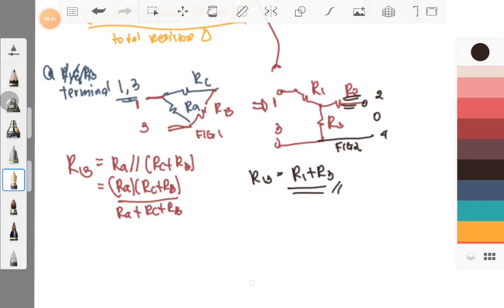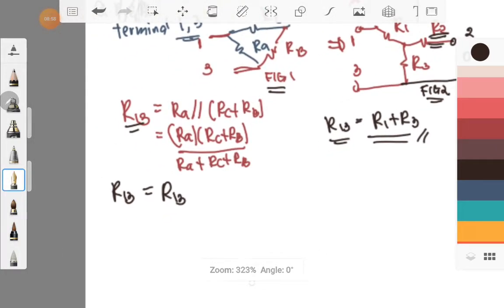So, what is our next step? Since meron tayong dalawang R13, therefore, I may say that my R13 at figure 1 is equal to R13 at my figure 2. Okay? So, since we have R13 at figure 1, we have RA multiplied by our RC plus RB divided by our RA plus RB plus RC.